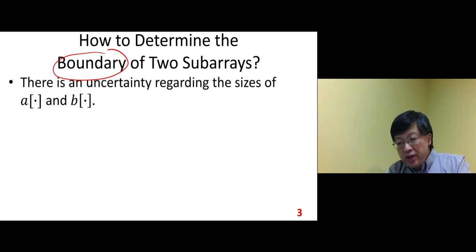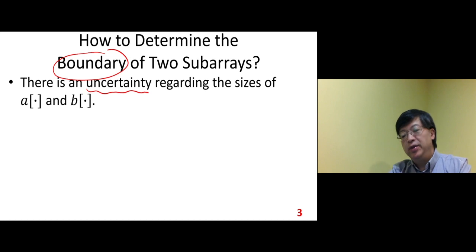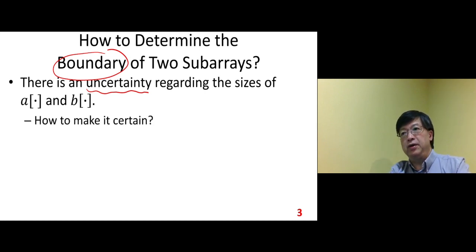There is an uncertainty regarding the size of these two subarrays. We don't know any information about the sizes of these two subarrays. So that is uncertain, and we want to make it certain. But how to make it certain?